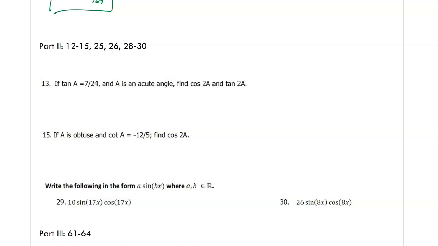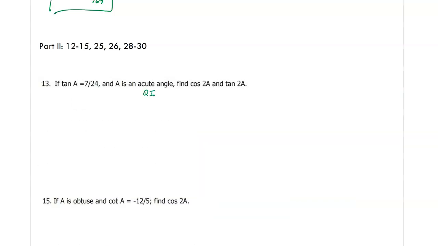Remember, acute angles are always in quadrant 1. And it tells us to find, using this, tangent of A is y over r, so that's 7 over 24. So quadrant 1 is 24, and 7 is a 25.